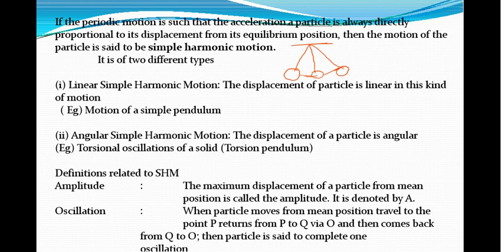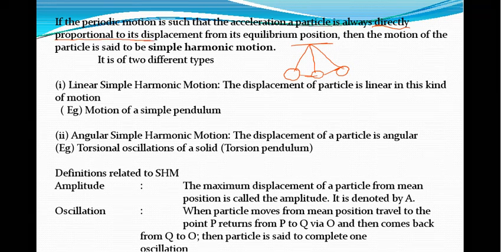So a particle is disturbed from the mean position and moves, then it is released and it will undergo acceleration. Okay, so here this acceleration of the particle, in this case the acceleration of this bob, is directly proportional to its displacement from its equilibrium position.